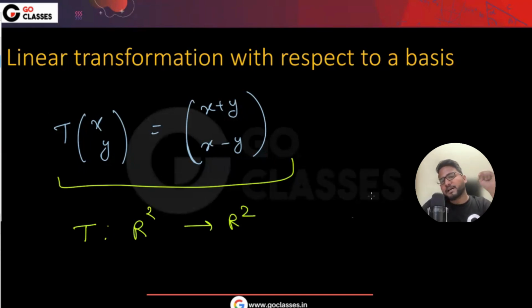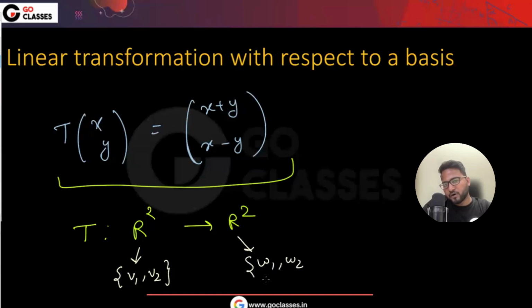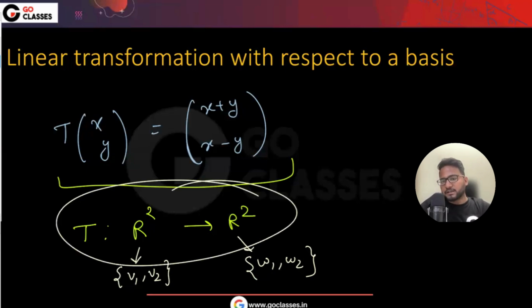Which means, let's suppose here in this R2, I have some basis, B1, B2. Okay. In R2. And there is one more basis, let's suppose W1, W2. Let's suppose these are bases of R2. Right. So the objective here is that I don't only want this linear transformation.